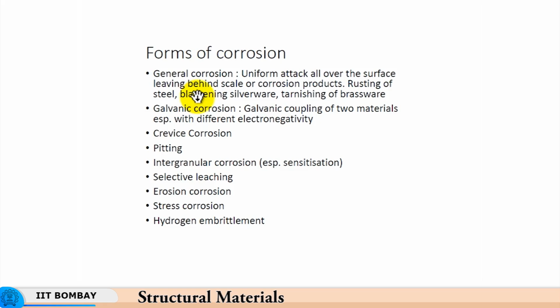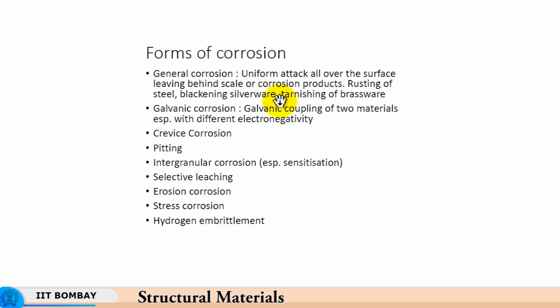It is much more rapid in cities which are close to the seashore, not as much in the interior of the land, but close to the seashore where moisture is very high. Rusting of steel is very prominent. Blackening of silverware, for instance, is due to the presence of H2S gas, causing silver sulfide or silver oxide formation.